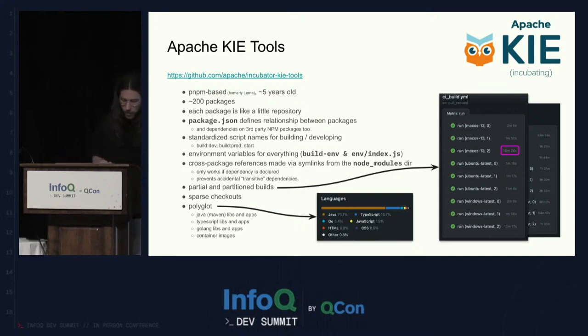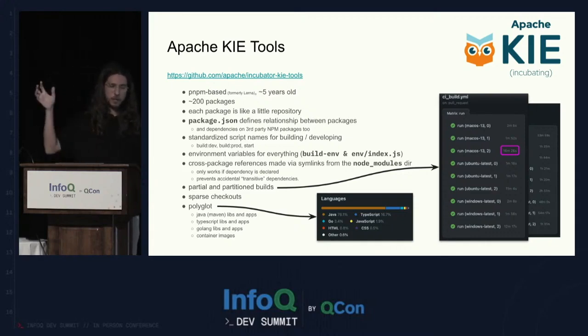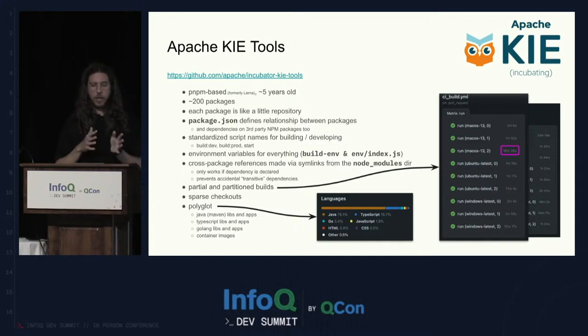And every time we need to make a reference to another package, so for example, I'm building a binary that puts together like a bunch of libraries, we do that through the node_modules there, also borrowed from the JavaScript ecosystem. So through symbolic links and the definitions we have in package.json, we can safely only reference things that we declare as a dependency.